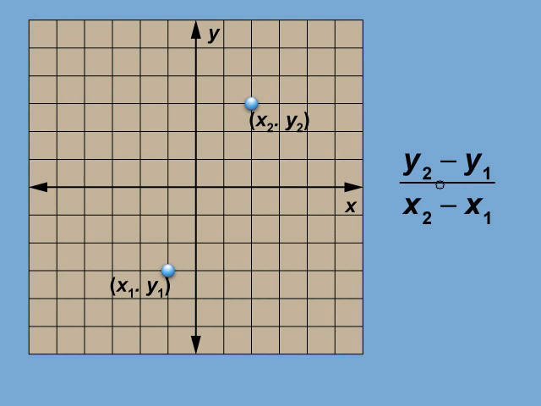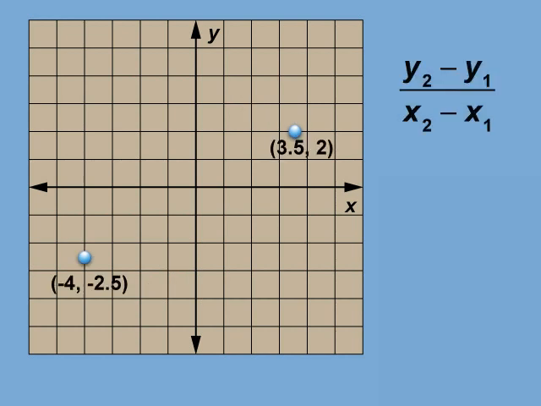Now let's use the actual coordinates as shown here. Here is the point 3.5 and 2. To graph it, we move 3.5 along the x-axis and 2 units up. Here is the point -4 and -2.5.